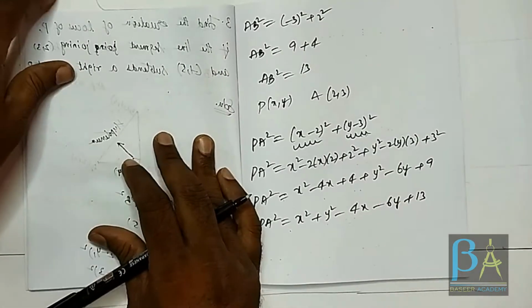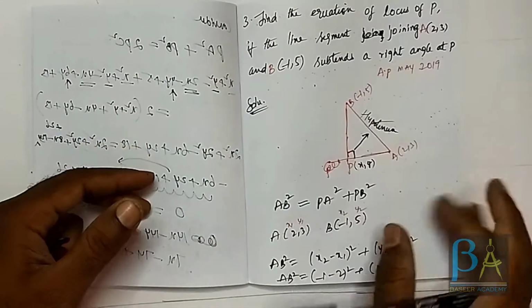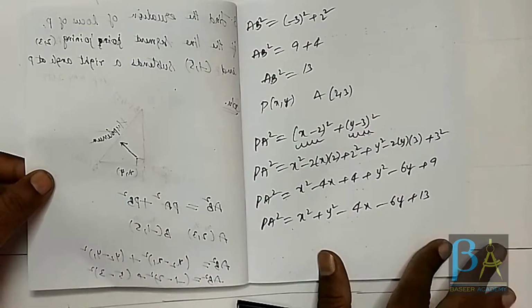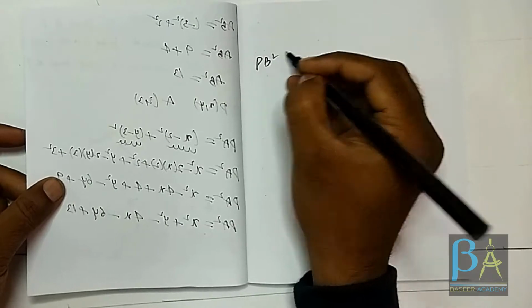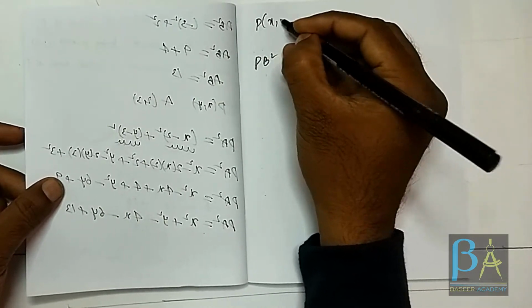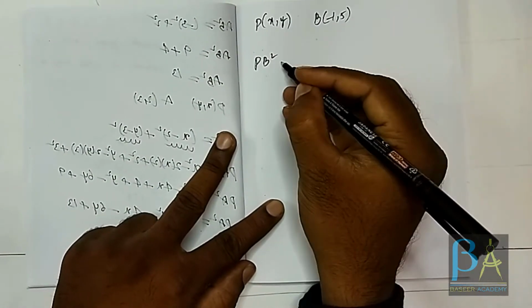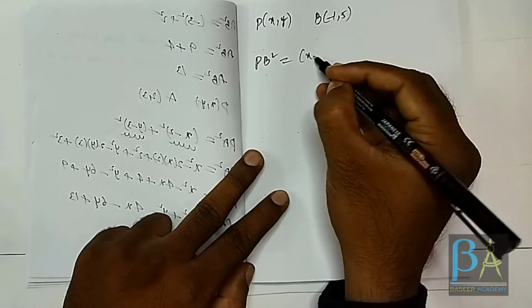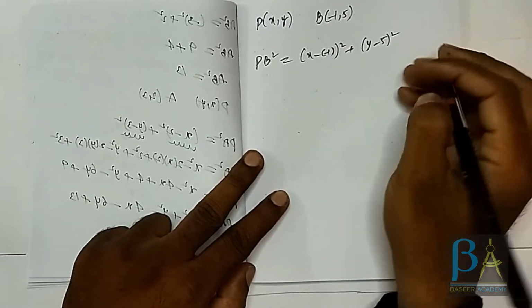Let me also find out what PB square is. Before I find PB square, let me first write what P is and what B is here. P is x comma y, and the point B is minus 1 comma 5. So PB square is going to be x minus of minus 1 whole square plus y minus 5 whole square.